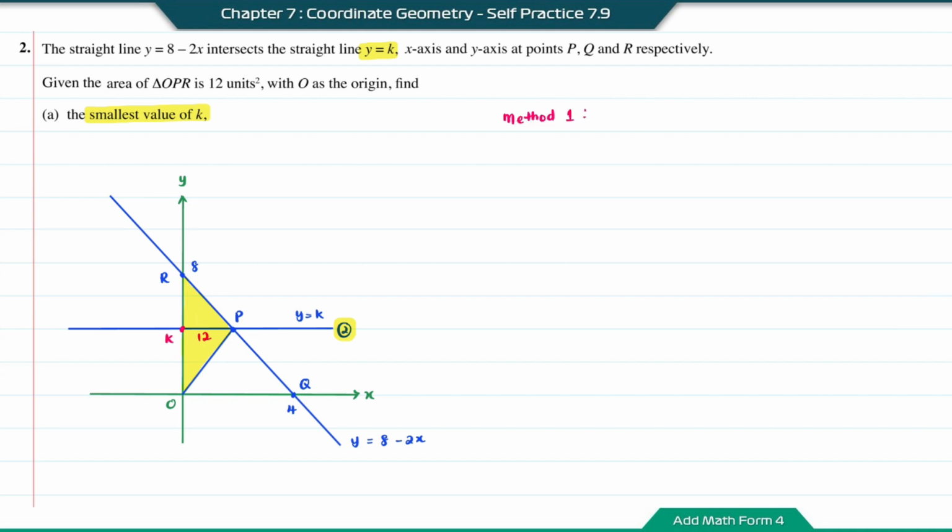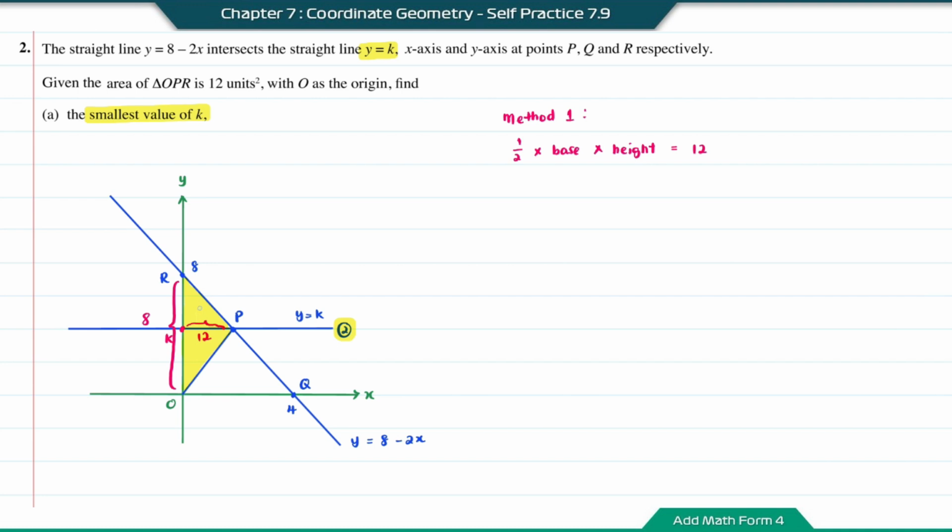To find the area of the triangle OPR, which is equal to 12, we can use the formula 1 over 2 times base times height. So this is equal to 12. Based on the diagram, from the origin to the point R will be the base, which is equal to 8 units.